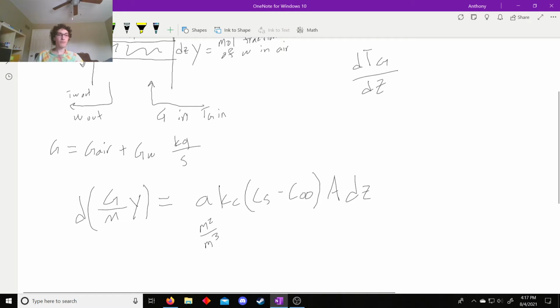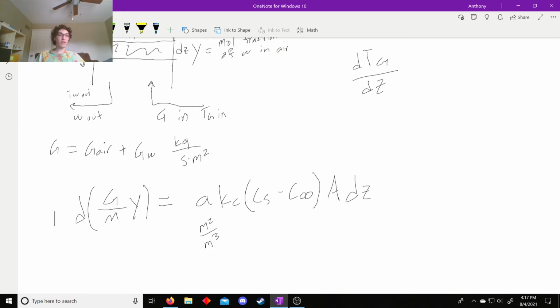Now, something that's actually going to make this problem easier is if we define this gas flow rate, instead of kilograms per second, as kilograms per second per meter squared of the column of the cooling tower. And if we define it in that way, then this would give us moles of water vapor per square meter of the cooling tower.